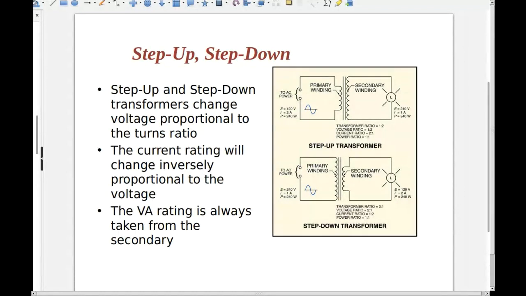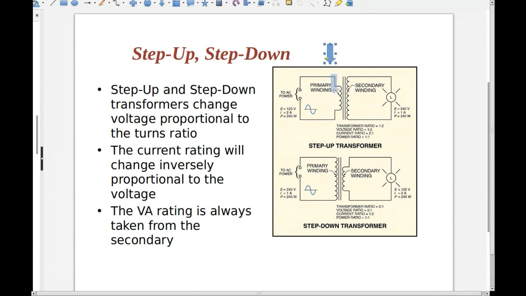All right, so the step up and step down, as I mentioned before. If you have more windings on the secondary side, you're going to step up the voltage. When we looked at the example for the power company, they're generating it at a fairly low voltage, maybe 480 volts, or maybe 1,000 volts or something like that.